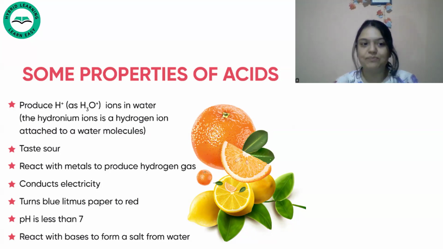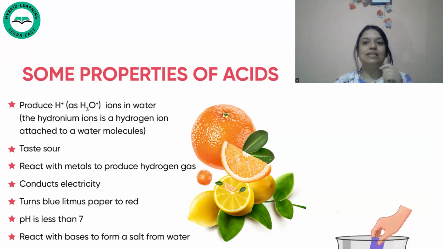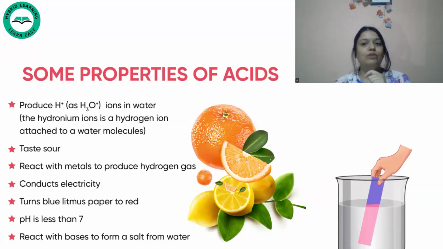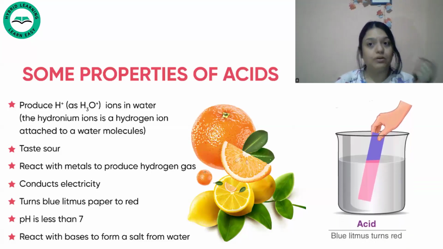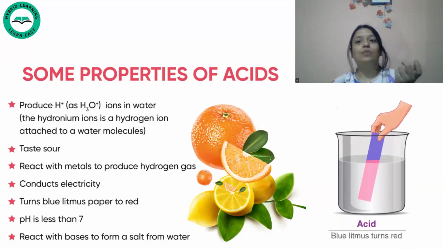It conducts electricity. It turns blue litmus paper red. Now, what is litmus paper? Litmus paper is used in the laboratory mainly to indicate whether some solution is an acid or another chemical substance. Why? Because it's not possible to taste every acid.